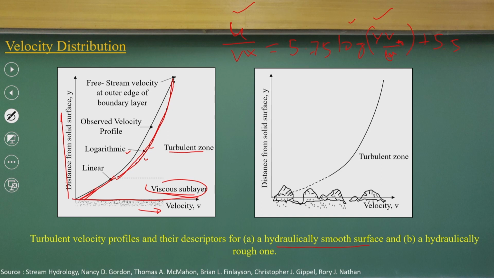But in the case of hydraulically rough zones, as we have discussed, there is no laminar sublayer, and closer to the boundary the velocity distribution is predicted as a logarithmic profile of velocity versus y.